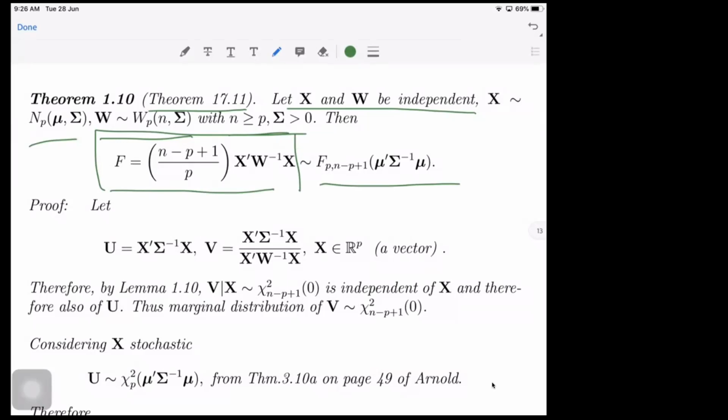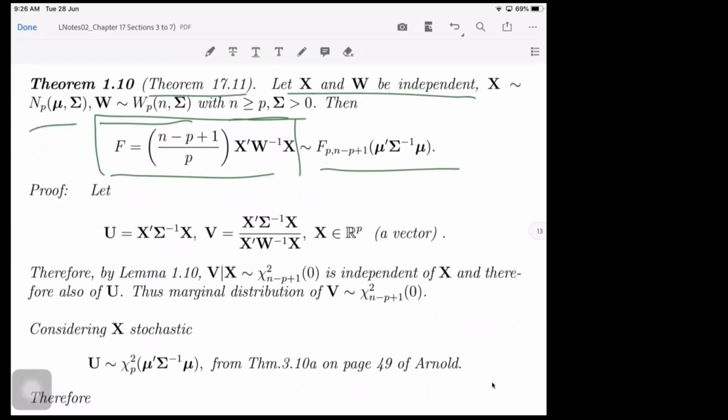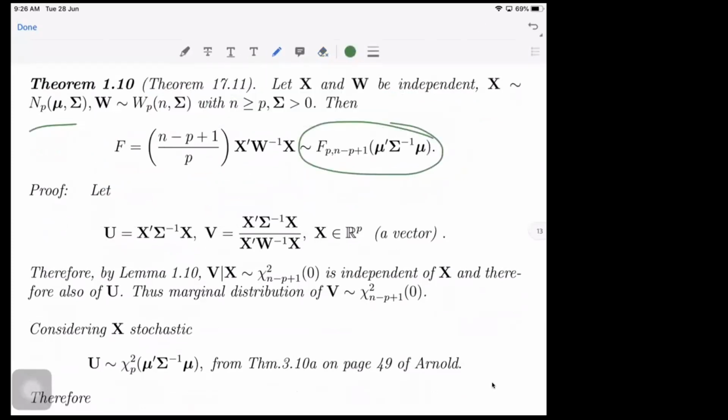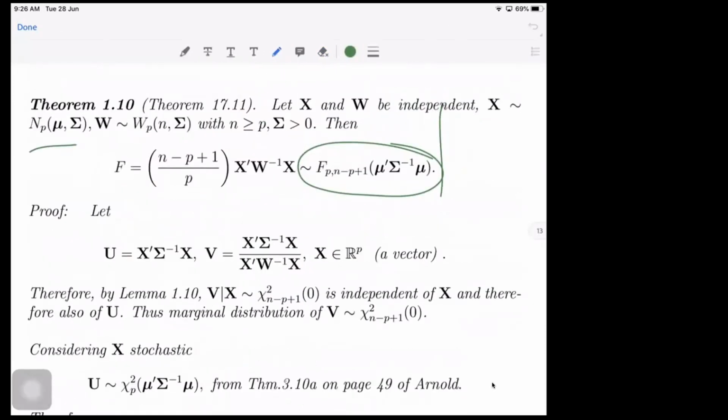You get an F distribution, chapter 1 of Arnold. You get a non-central F distribution with M and N degrees of freedom if, these are the conditions, for an F, X should be chi-square with M degrees of freedom, non-central, and you have Y chi-square and central.